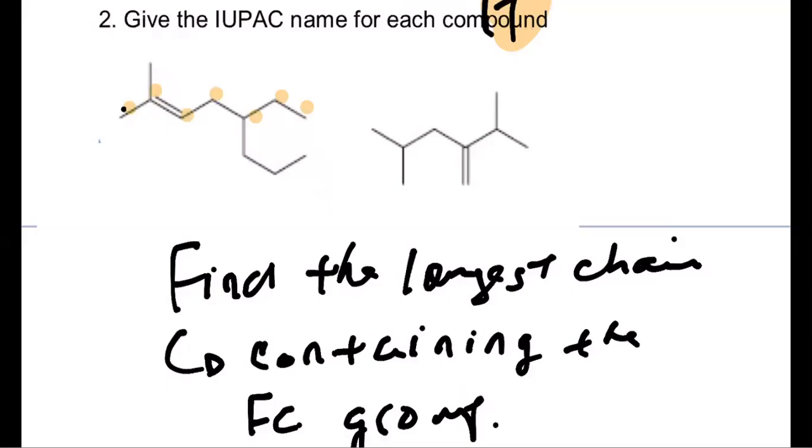Yeah. All right, let's take a different route. We're gonna start the same end, 3, 4, 5, 6, 7, 8. That chain has 8 carbons. Anybody not see that? All right, so that chain has 8 carbons.